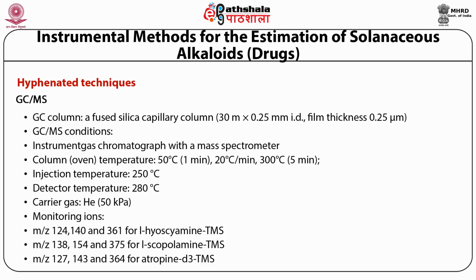Column temperatures, injection and detector temperatures are varied as per the sample requirement. The mass spectrometer is set for monitoring of ions. For example, for hyoscyamine it is 261, for scopolamine 375, and atropine 364. This is particularly for their silylated derivatives.